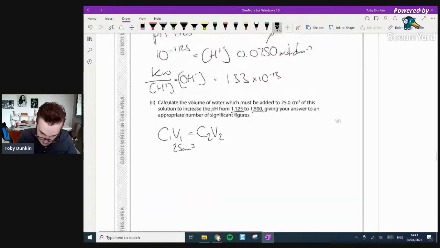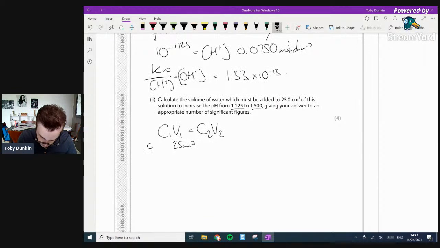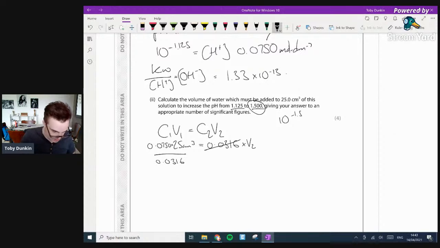So the original concentration of H+ ions was 0.0750, and I now need a new concentration, which is the new pH anti-logged. So 10 to the minus 1.5 will give me the concentration of H+. So shift log minus 1.5, which now gives me 0.0316. Reorganize the equation, and I will get a total volume.